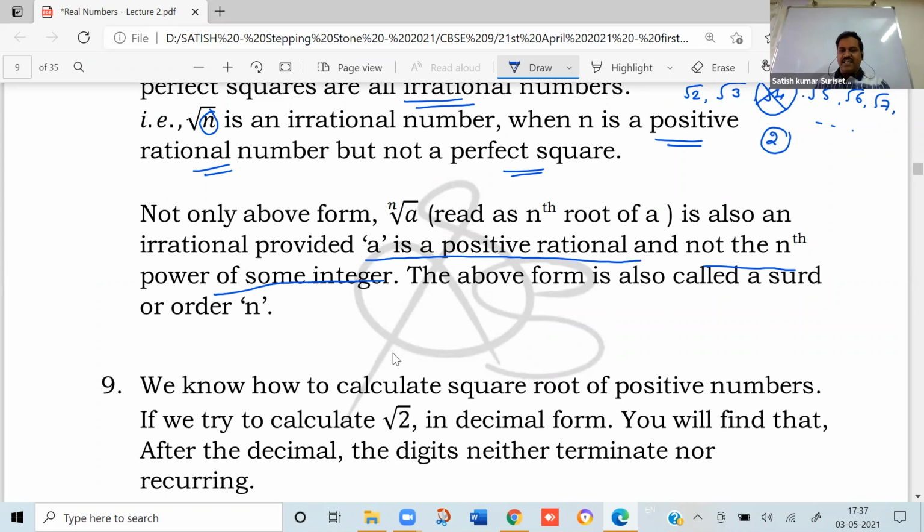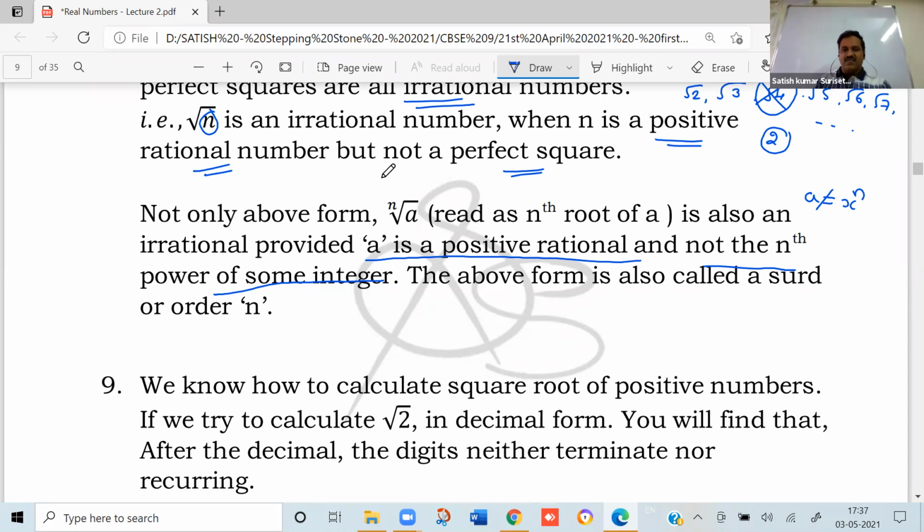That means a is not equal to some x power n. When it is not possible to express a as the nth power of some integer, then we can say that the nth root of a is irrational.